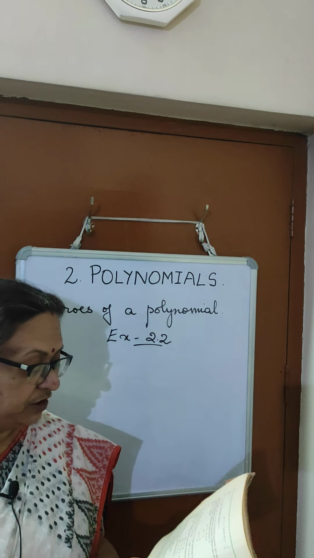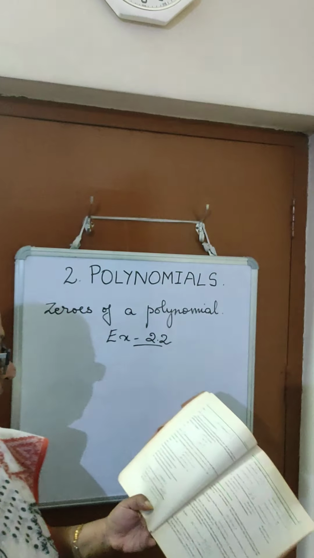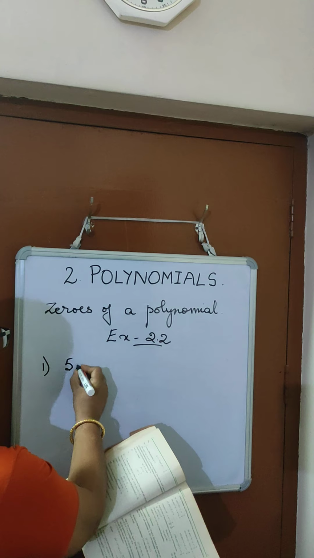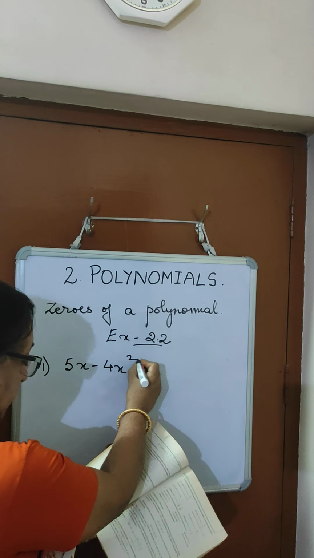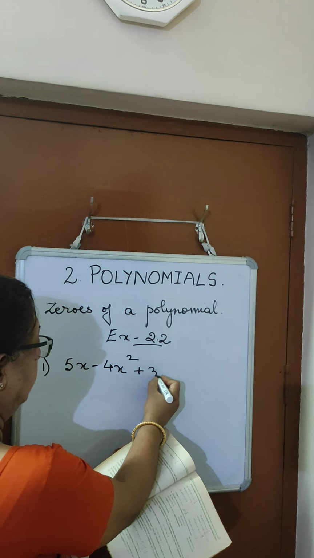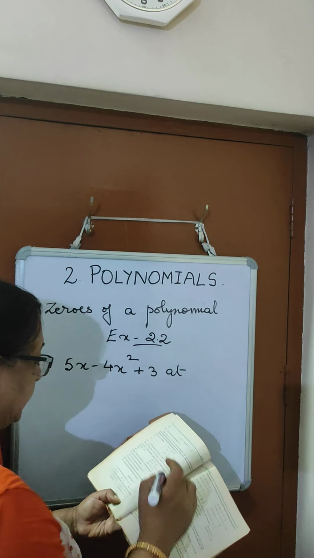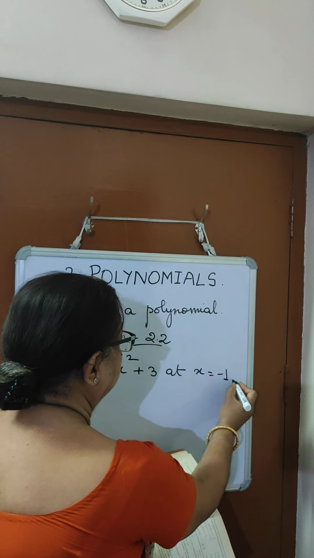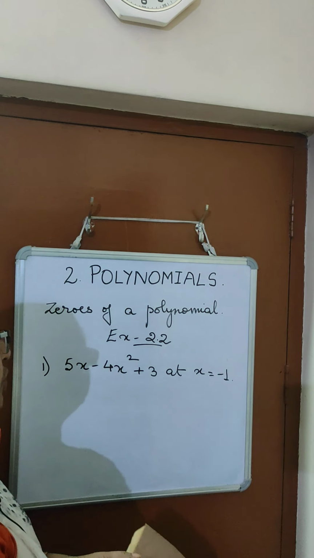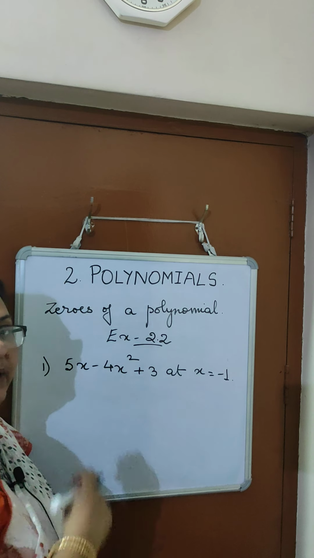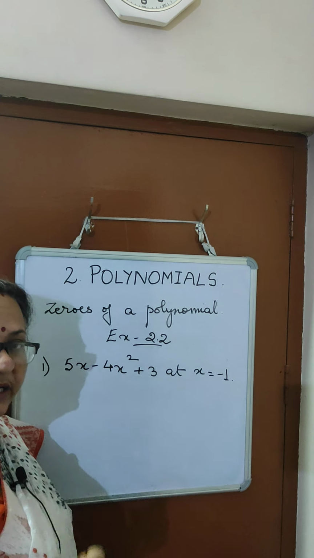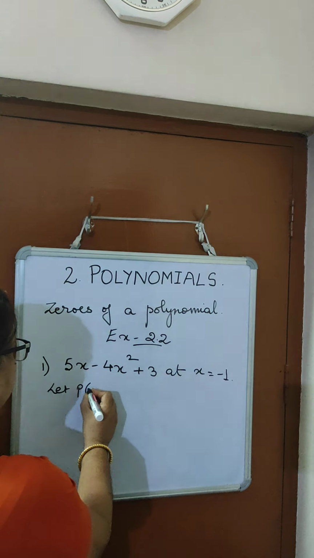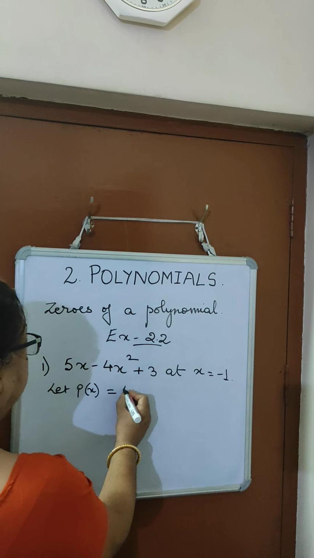Now, see there, the first question, find the value of the polynomial 5x minus 4x square plus 3 at, let us take the second one, x equal to minus 1. You have to find the value of this polynomial at x equal to minus 1. So, how do we do it? We say let p(x) is this one, the given polynomial.